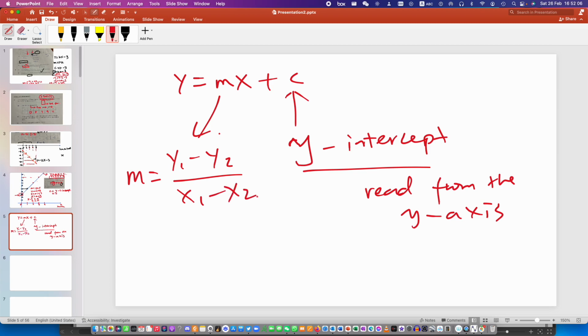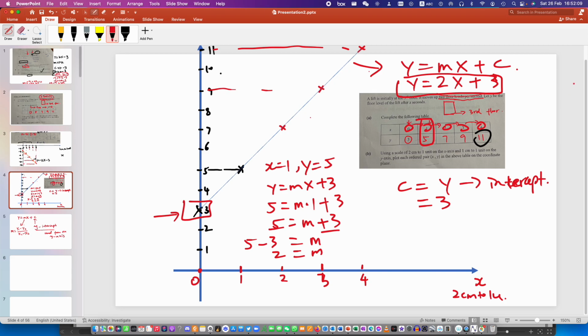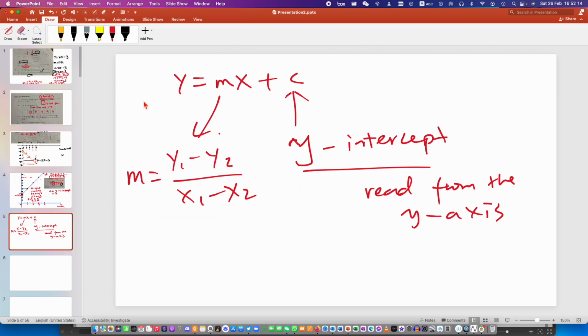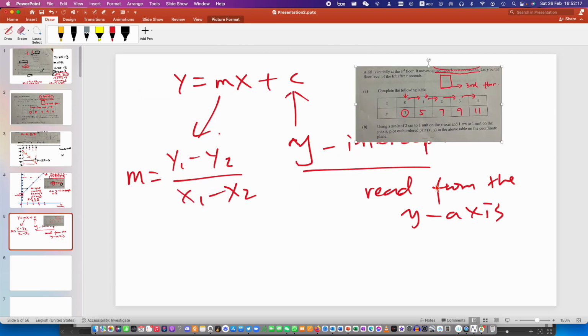Meaning what? Meaning if given this question, x1, y1 is your first pair, x2, y2 is your second pair. So you need to pick two pairs. Which two pairs do you want to use? Shall we use this pair and then this pair? If you look at this, 1 and 5, 2 and 7.